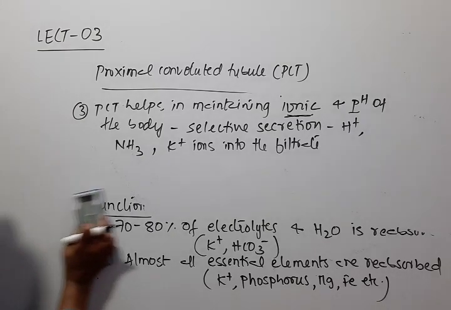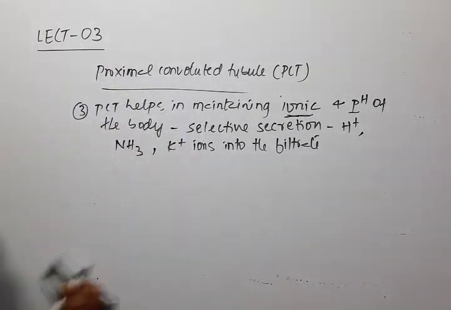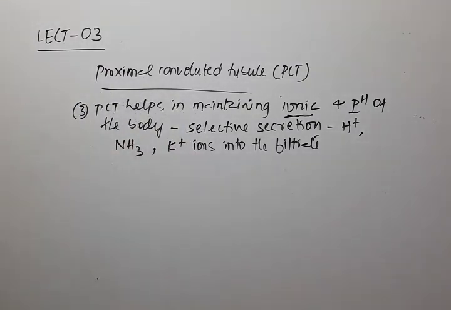I will discuss that later. The process of urine formation has four steps: filtration, reabsorption, secretion and excretion are the four processes that take place during the formation of urine.